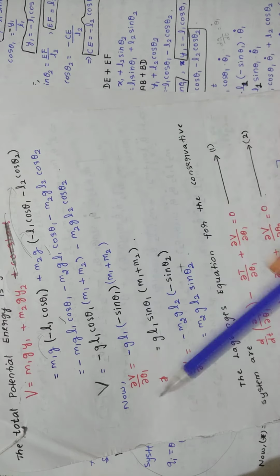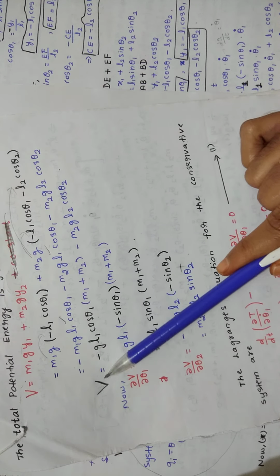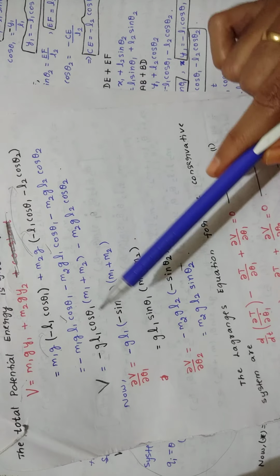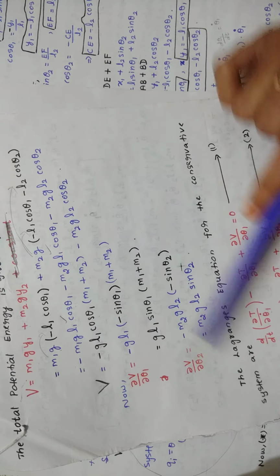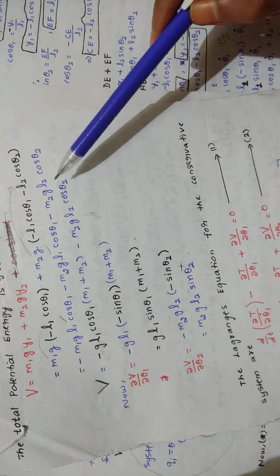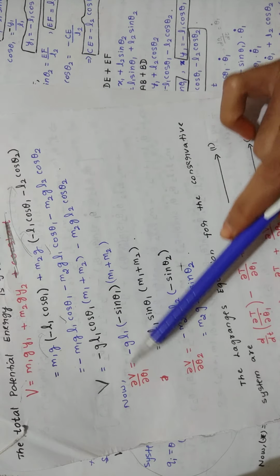Here you are going to partially differentiate with respect to theta 1. Only in the term where there is theta 1 can you differentiate. Otherwise, the value for that term without theta 1 will become 0. Is that clear? Okay, that is what we are going to do here.